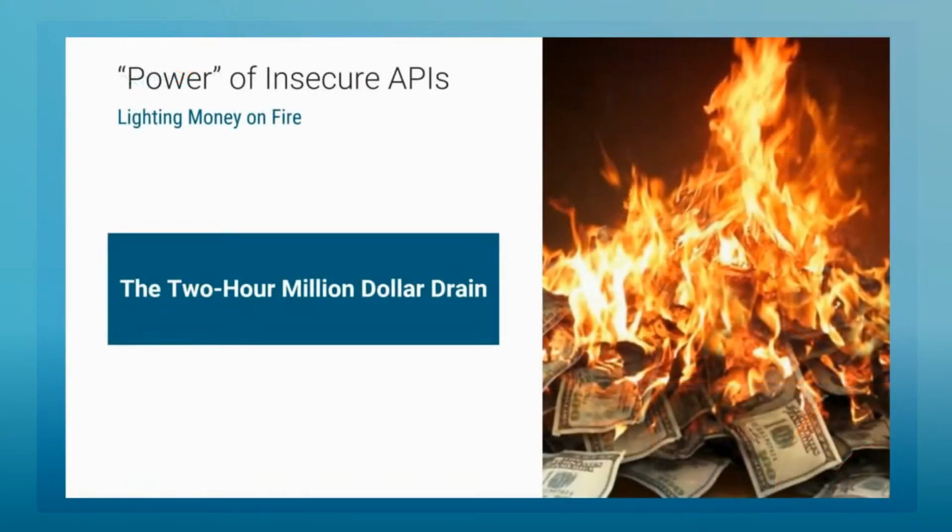And let me begin with a story for you on the power of insecure APIs, power in quotes, one that serves as a cautionary lesson for any enterprise. It happened with a successful retailer with a booming online presence, and the company had many internal APIs that had minimal security. One of them was crucial for tax calculating.